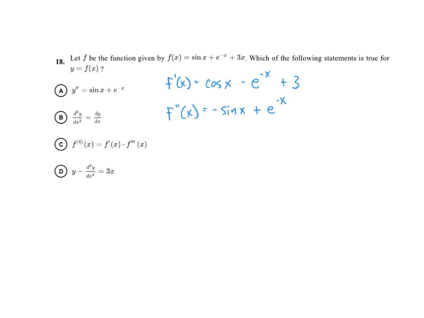Okay, so we can eliminate A, because it says sine x plus e to the negative x, but it should be negative sine x plus e to the negative x. So it's not that one. The other ones at least involve the third derivative, so let's find the third derivative of this.